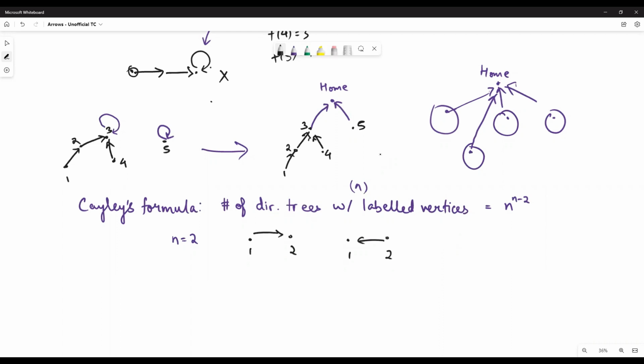Oh, sorry. That's for undirected trees. For directed trees, the number of undirected trees with n labeled vertices is this.